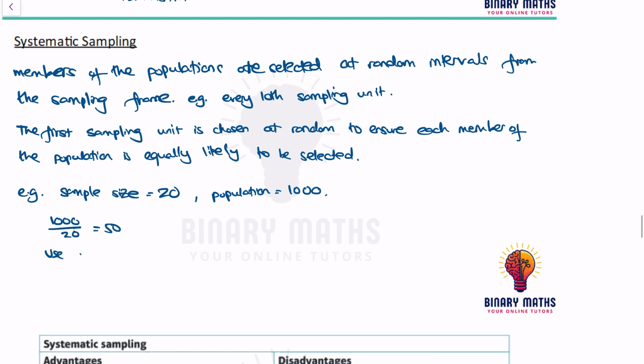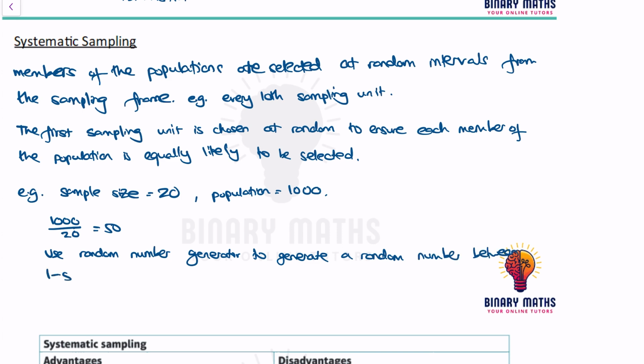So use a random number generator to generate a random number between 1 to 50, e.g. 17.